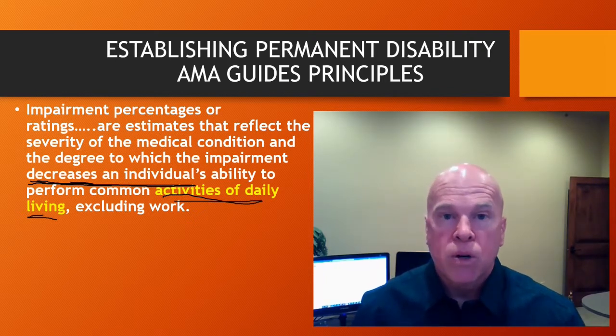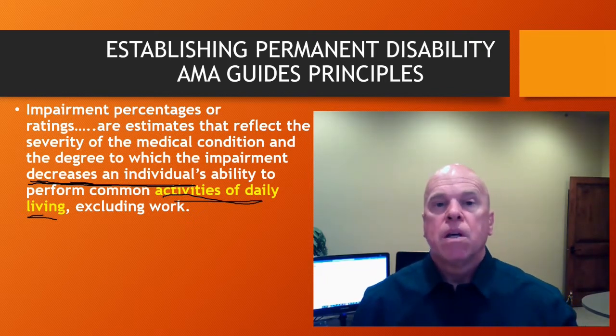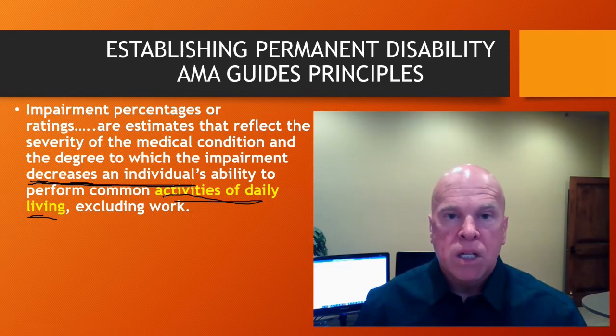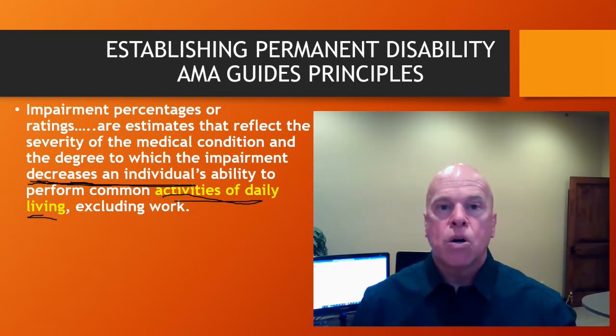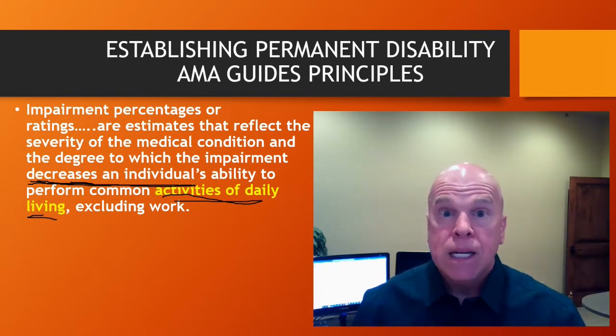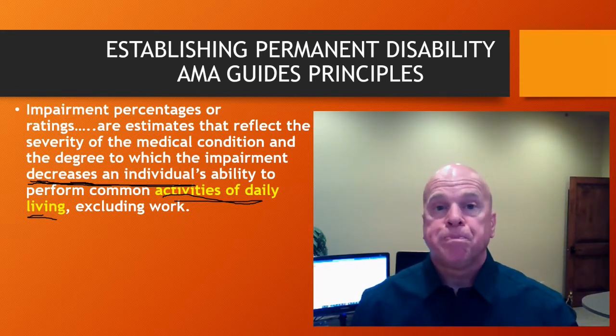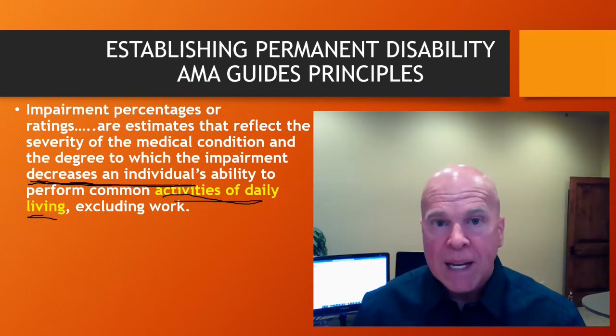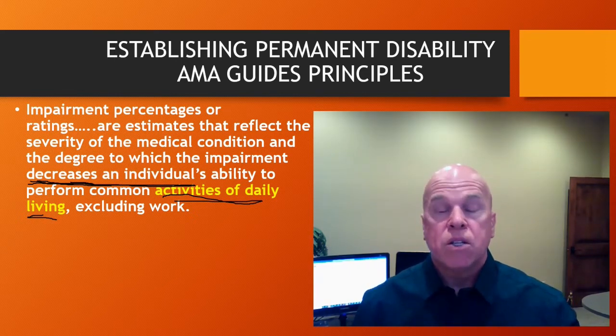So for example, your examinee may tell you that they're limited in their ability to go up and down stairs because that hurts their right knee, particularly when they descend stairs. So the examinee has right knee pain with descending stairs.